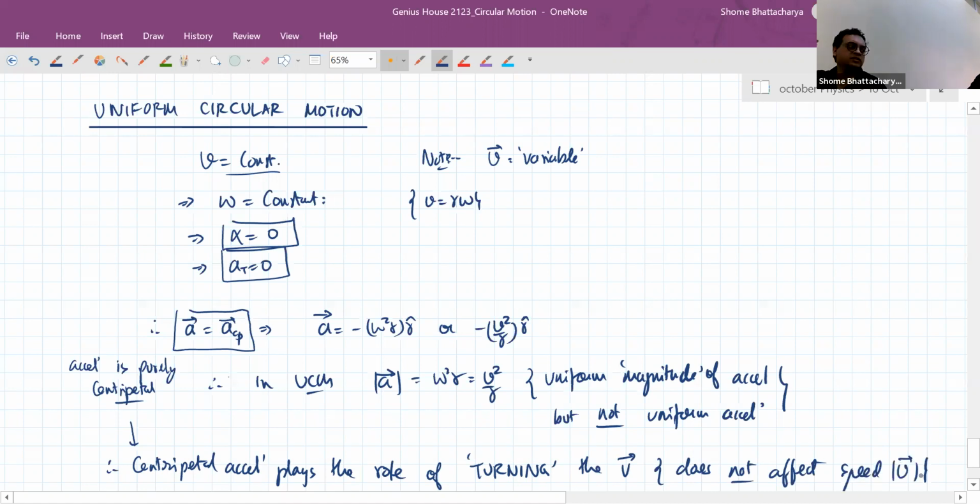It does not affect the instantaneous speed. It's only responsible for this. Okay. So that's what a uniform circular motion looks like. And as we've discussed, it's a periodic motion or a cyclical motion with a time period of 2 pi by omega or 2 pi r by v.